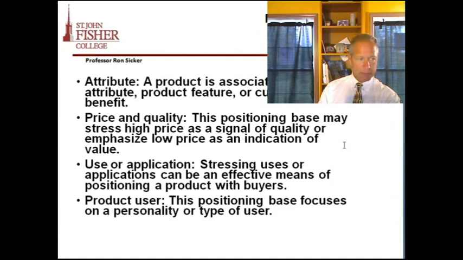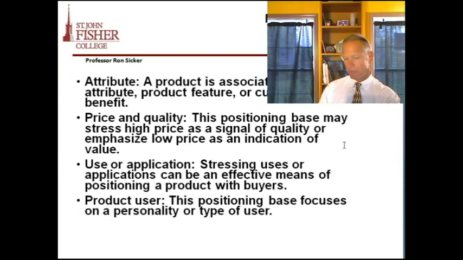Aldi's is upset oftentimes because they feel it is seen as a cheap grocery store. But if you buy Aldi's products, even though they're not top brand names, they are still manufacturer's brands. And I find it very high quality. So that's price and quality. So oftentimes it's a misnomer.